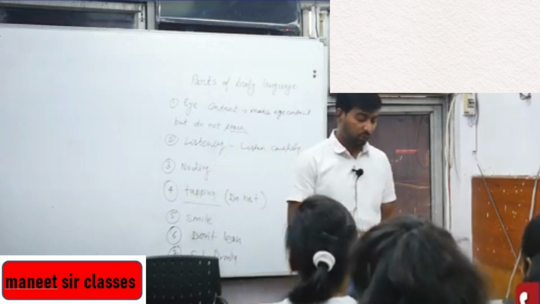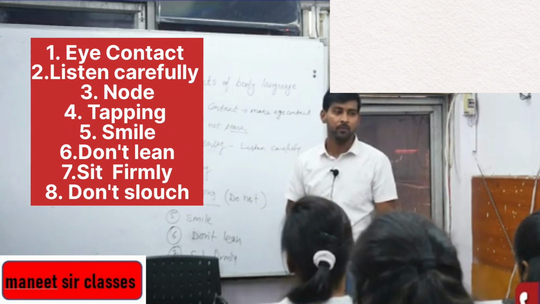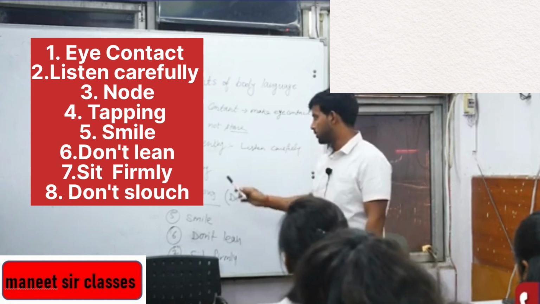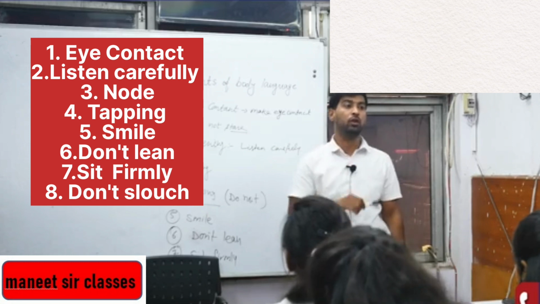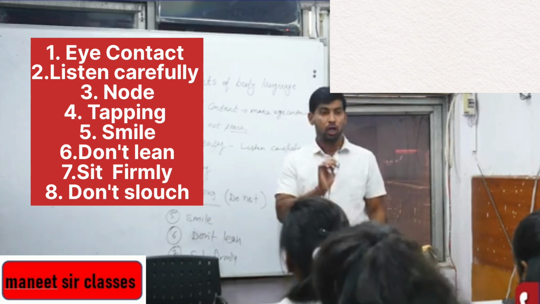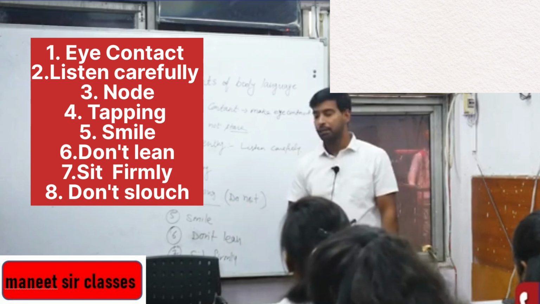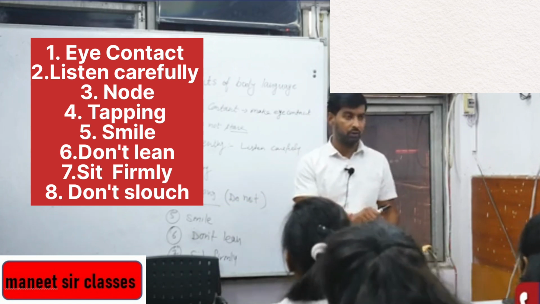Clear? How many points have we covered? Seven. The first one is eye contact. Make eye contact but do not stare. Second, listening very carefully. How do you show that you are listening? By nodding. Yes, I am listening, sir. Then do not tap your leg, do not tap your finger.